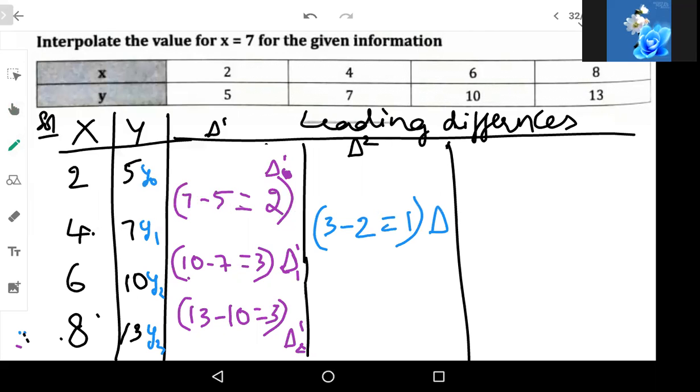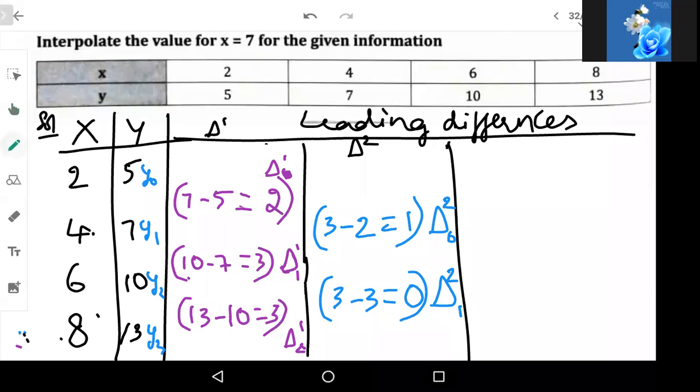This will be the second leading difference. And then the next one, 3 minus 3 is equal to 0. So this will be the next second leading difference. We are just subtracting these values, 3 minus 2, 3 minus 3.